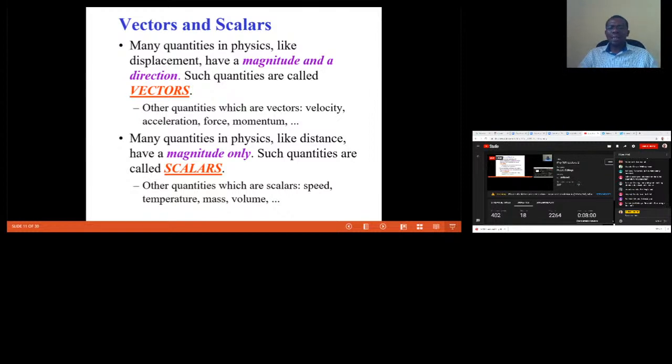So when we say to the right, you are giving a direction. If you say to the right, the sign must be positive. When you say to the left, the sign must be negative, assuming that the coordinate system you have chosen has the right as positive.